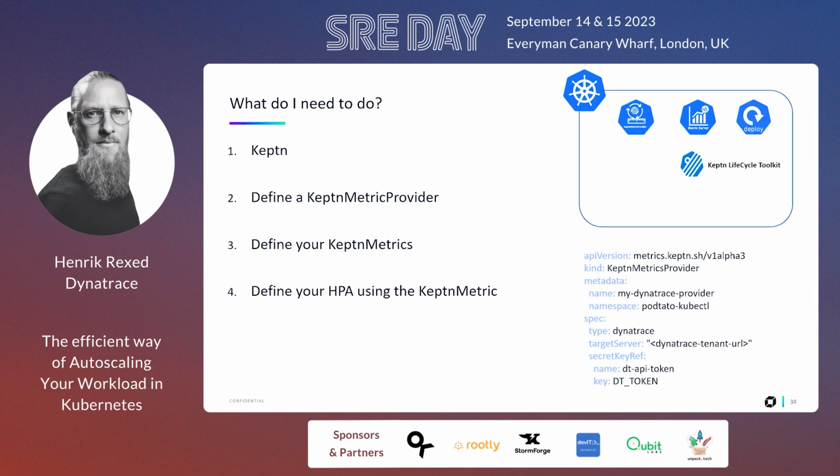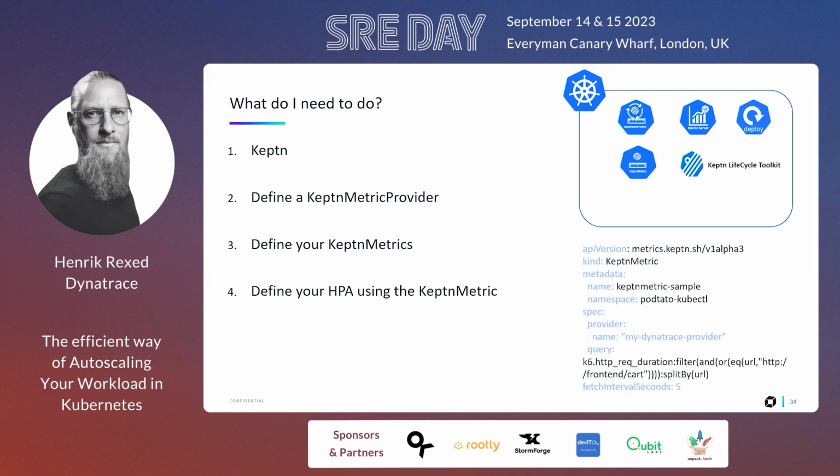In the case of Dynatrace, that's the Dynatrace URL and API token. Every single provider has its own way of connecting the dots. Then, once I have that, I express the way I'm going to query that endpoint, either with a PromQL in the case of Prometheus. Here is an example of a metric expression where I'm collecting K6 metrics. But again, I don't want to rely on load testing metrics.